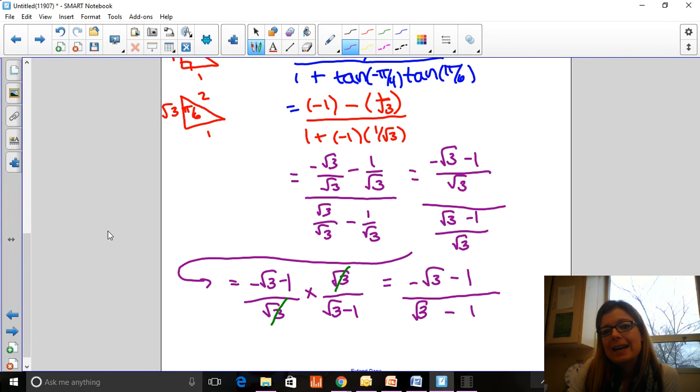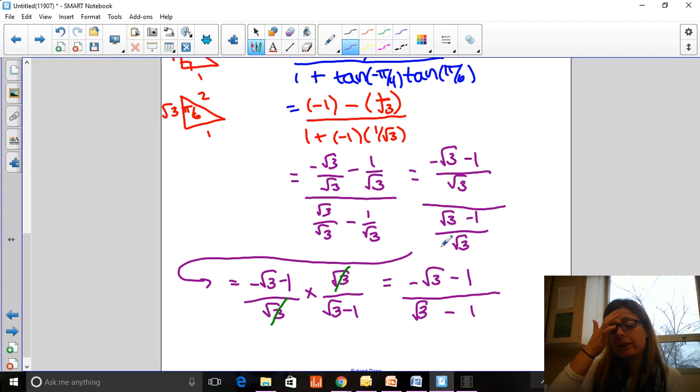So that is the tan of your angle that has a size of negative 5 pi over 12 radians. That is its tan value as an exact number. So again, if your calculator is in radians, you can go ahead and find the tan of bracket negative 5 pi divided by 12. Write down the long decimal that you get.